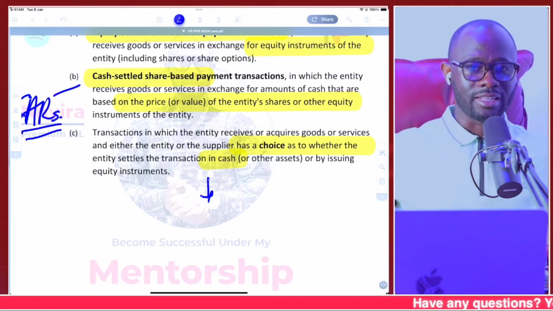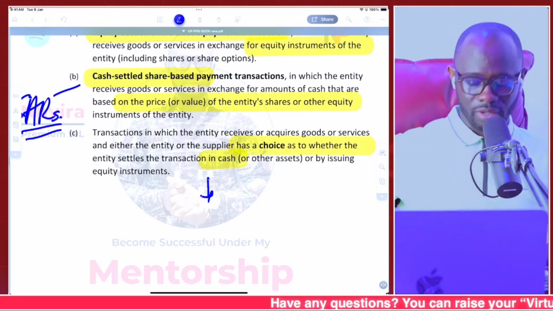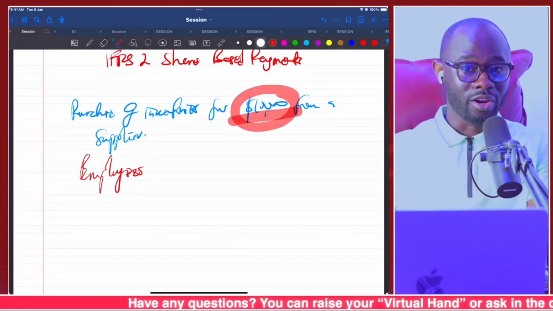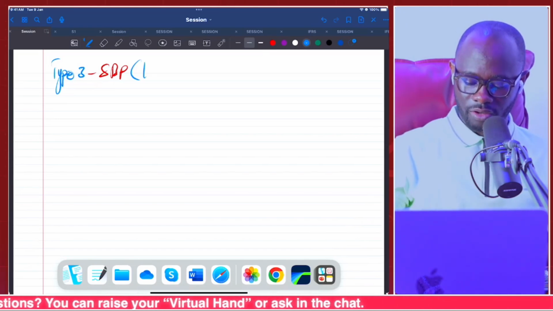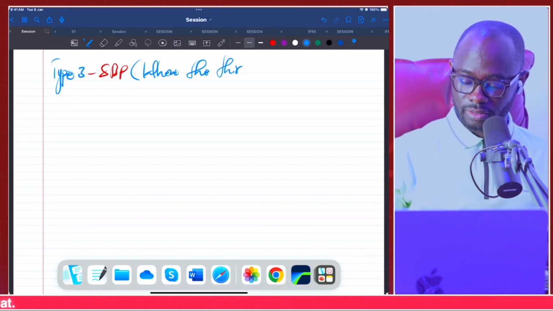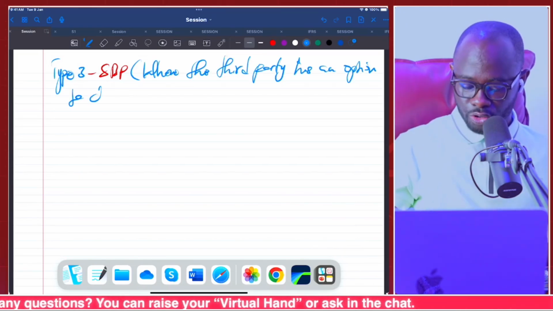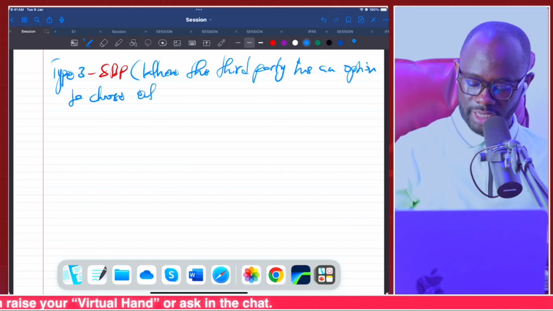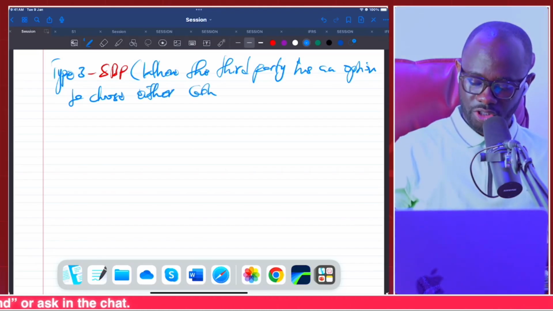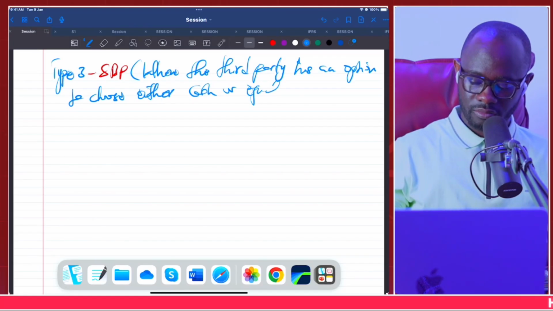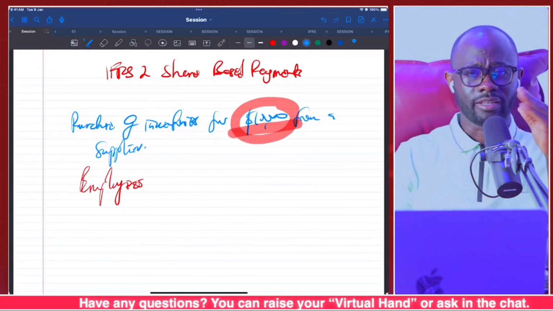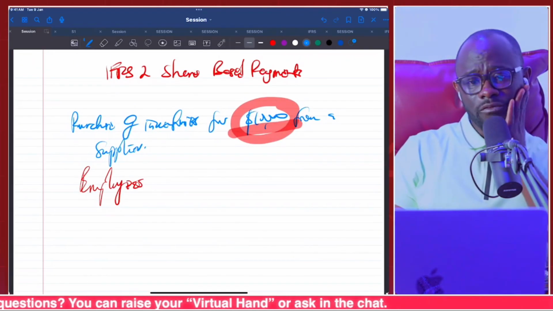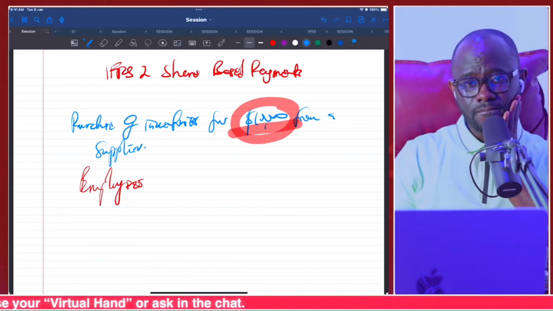So let me take it again. Let's start the discussion from the third type of share-based payment. So type 3 share-based payment, and we are looking at where the third party has an option to choose either cash or equity shares. So here, what we are saying is that supplier, listen, we are buying inventories of 10K.